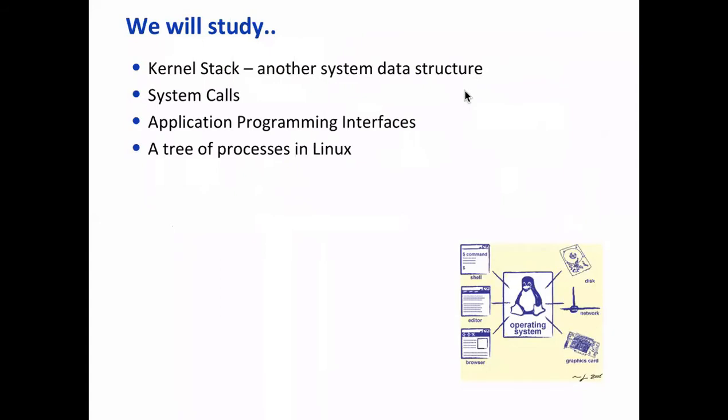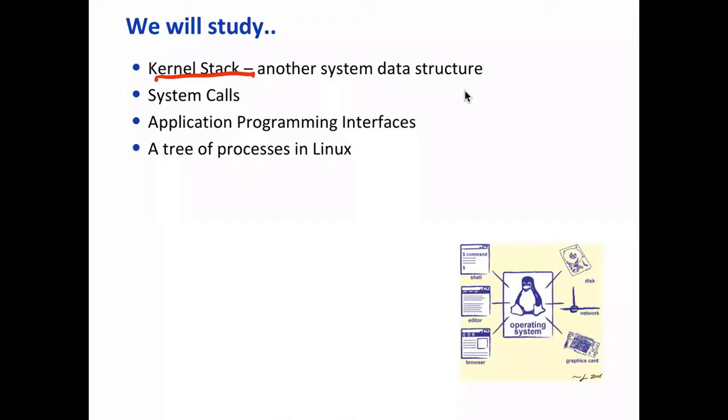So we'll study the following. We'll look at the concept of kernel stack. Remember, in the last class we used this word, that each process has two stacks: a user stack that we know, and then the second is the kernel stack. We'll look at it a little bit, because it's a new concept. We also discussed PCB in the last class.